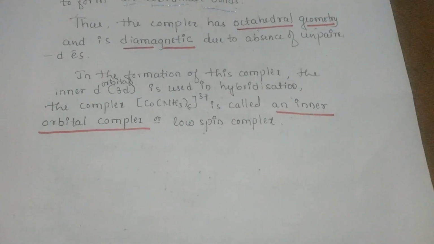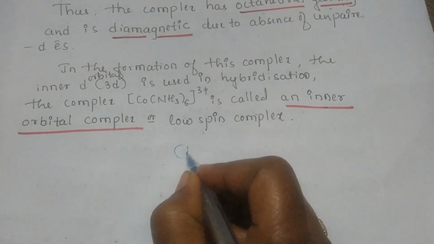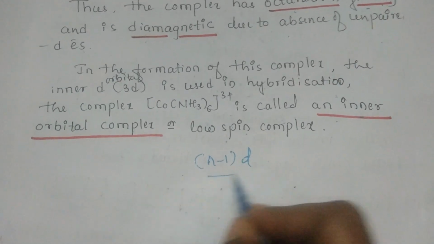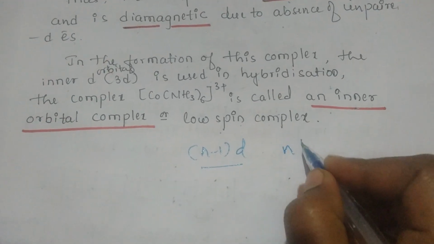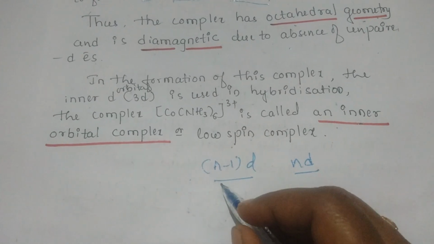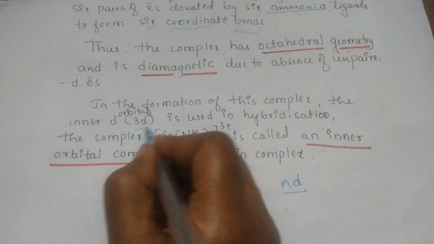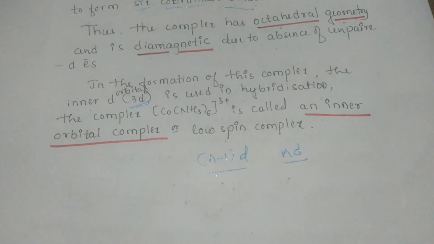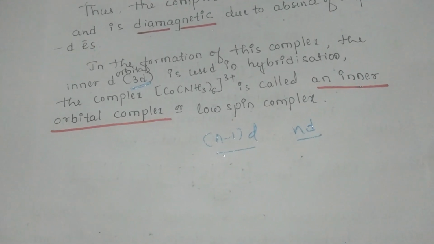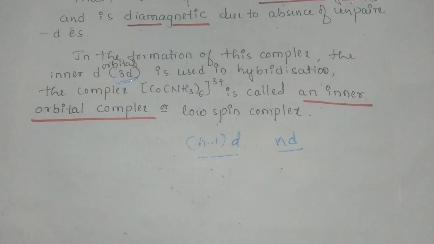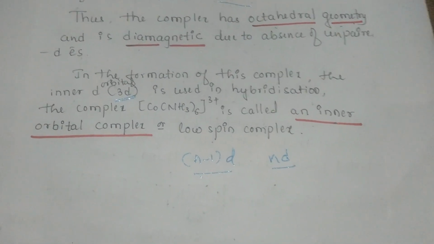The inner d orbital is the (n-1)d orbital, and nd is called the outer orbital. Here we are using the (n-1)d orbital, that is 3d, so it is called an inner orbital complex, low spin complex or spin paired complex.